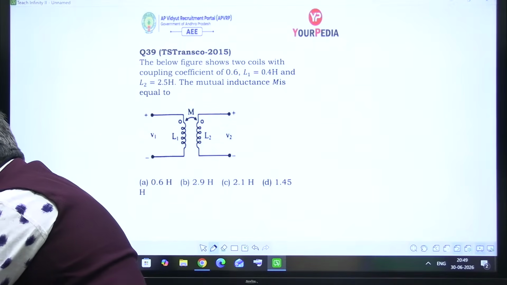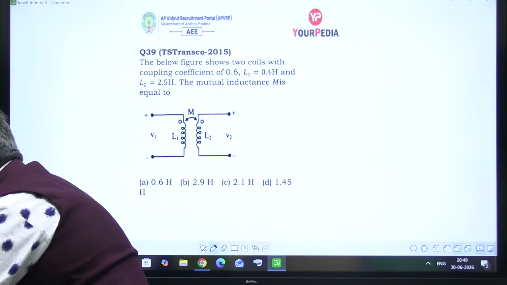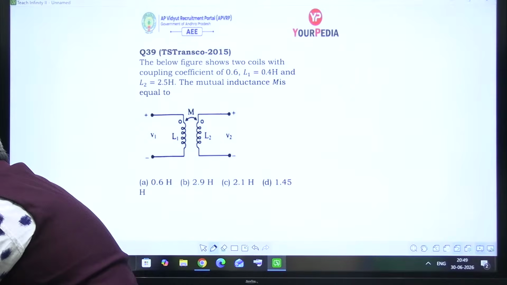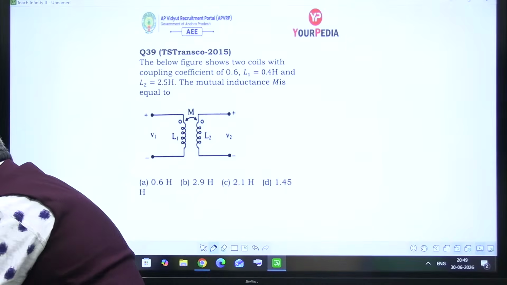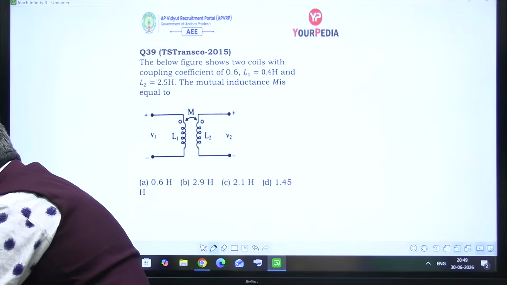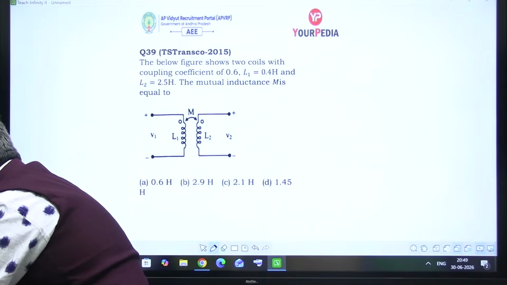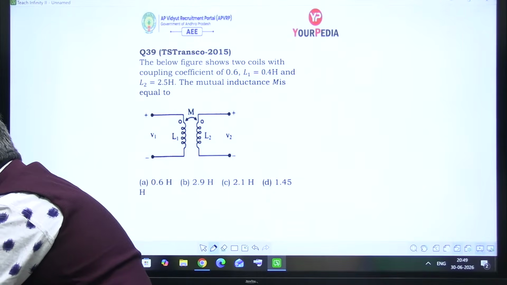What is the answer? Tell me. Yes, C. Is it correct?